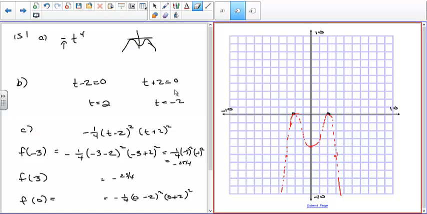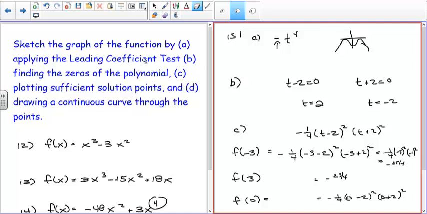Okay, so that's how the cookie crumbles. The leading coefficient test gives you an idea of which direction the function is going to be coming from. You factor the polynomial to find the zeros, and check for multiplicity of zeros. If they have odd multiplicities, then you intersect the x-axis.